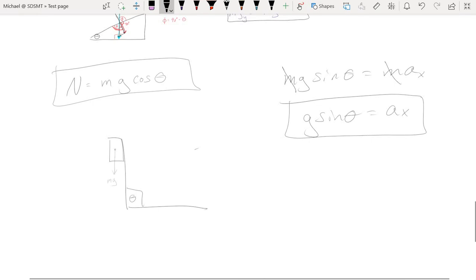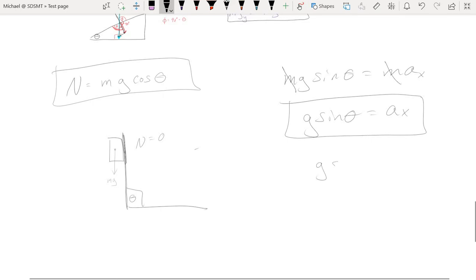And if gravity is pointing straight down, what is there to push the mass into the surface of the incline? There is nothing. And if the mass doesn't push into the surface of the incline, it's not going to push back. And so we would have no normal force here. This block would just drop straight down.